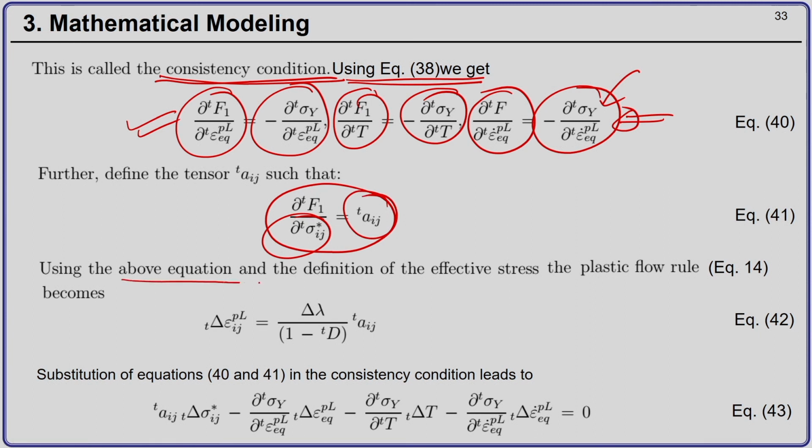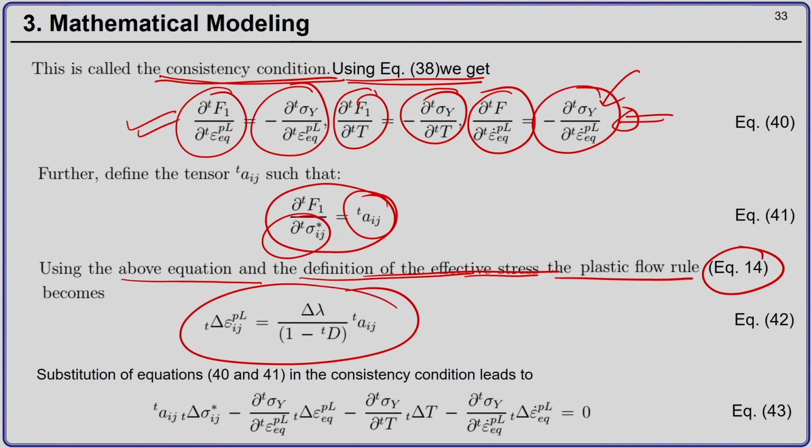So, using the above equation and the definition of effective stress and the plastic flow rule, that is equation 14 that we had, we can show that the incremental plastic strain is given by delta lambda upon 1 minus d into this tensor A, which is given here.